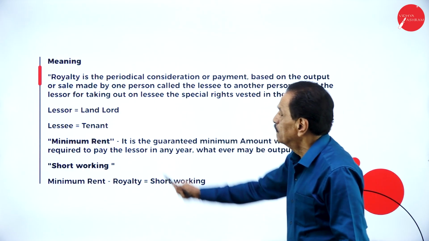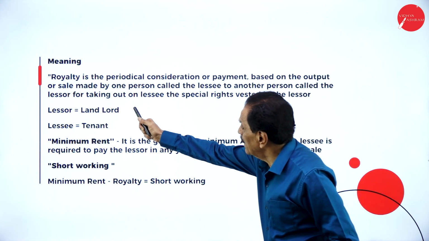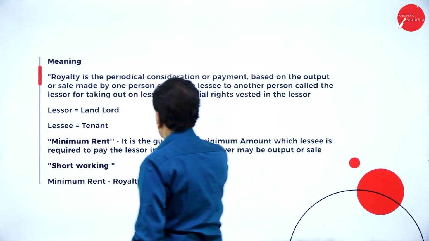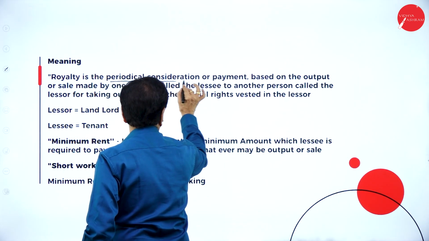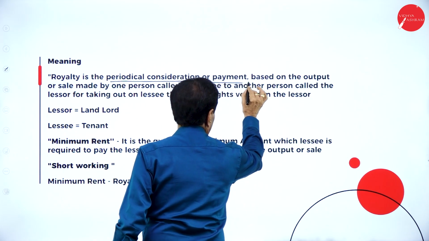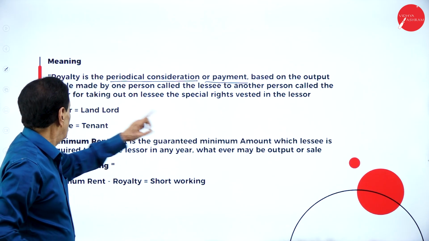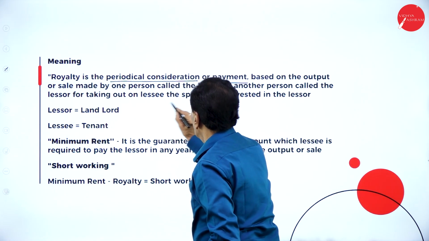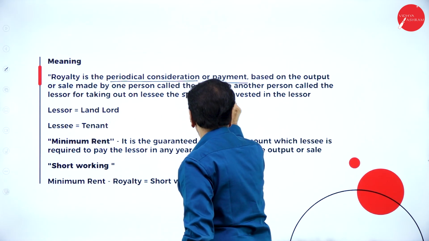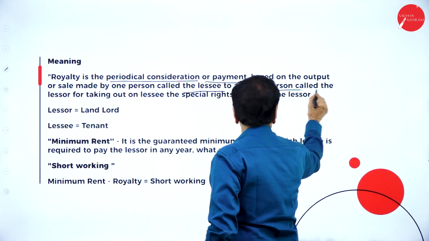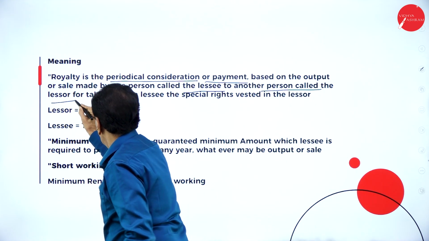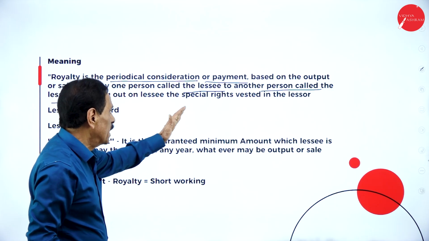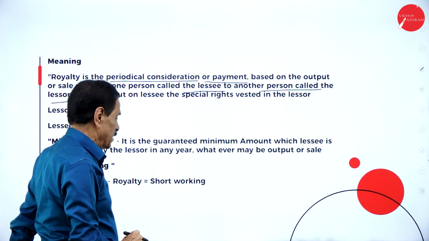Royalty is the periodical consideration or payment based on the output or sale made by one person called the lessee to another person called the lessor for taking out on lease the special rights vested in the lessor.